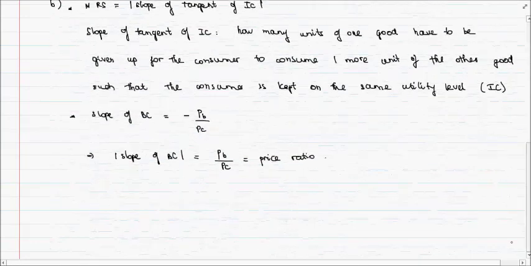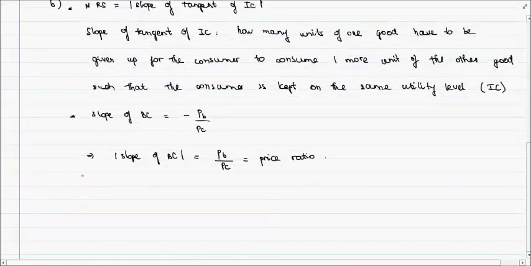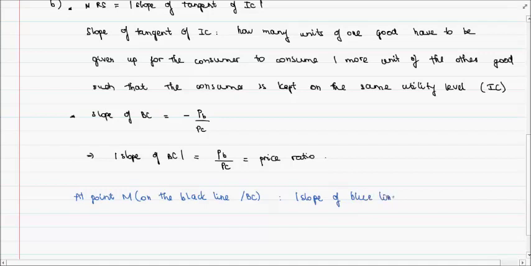So I would say, at point M, which is on the budget constraint, on the black line, the absolute value of the slope of the blue line is bigger than the slope of the black line.